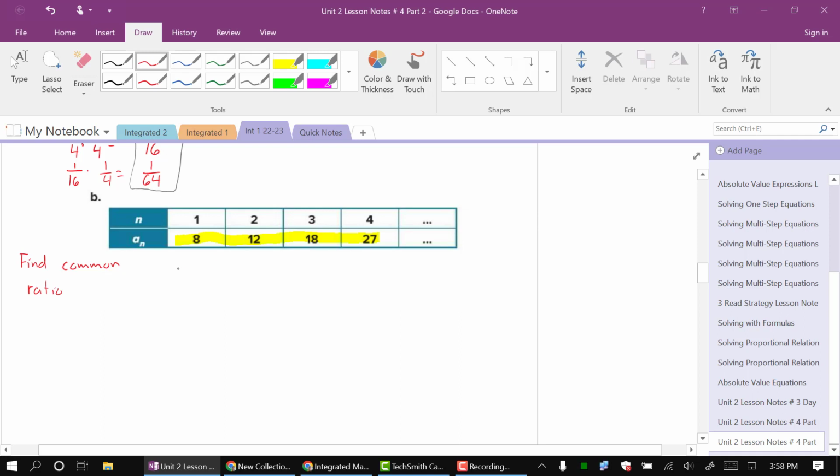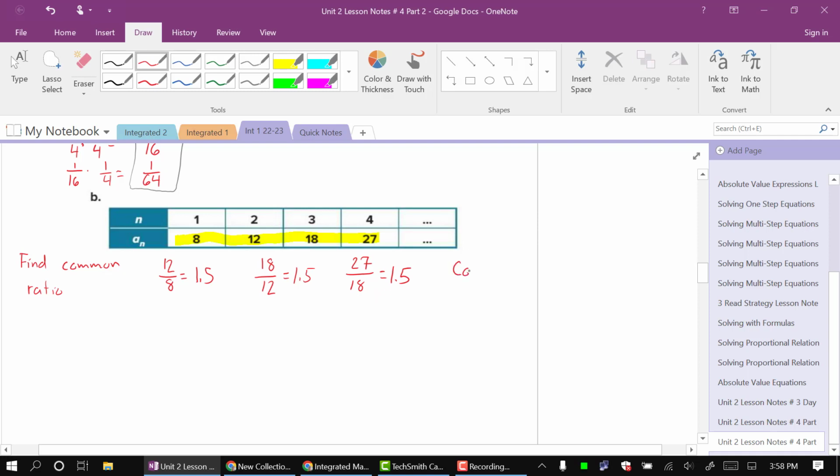So I'm going to go 12 eighths reduces down to 1.5. 18 twelfths reduces down to 1.5. And 27 eighteenths reduces down to 1.5. So I put these into my calculator and I got 1.5 or 3/2.